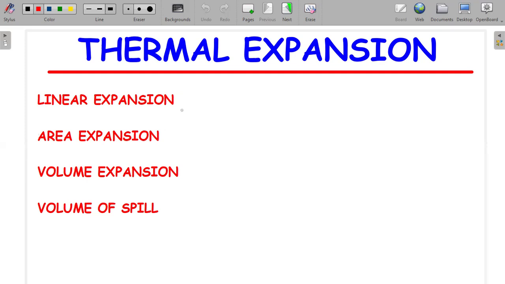Okay, so to begin with, I would love to discuss with you what thermal expansion is. From the statement itself, we can see we have thermal here, then we have expansion there. And I'm sure we see these things every day, but we just don't pay much attention to them because we don't know the phenomena behind them.